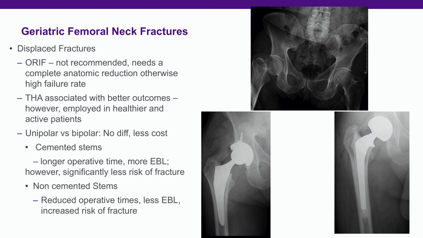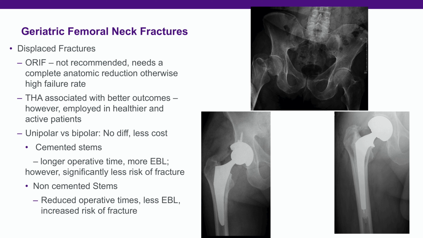For the purposes of the test, in discussing hemiarthroplasty, an uncemented hemiarthroplasty will never be the right answer, as the complication rates are significantly higher in both subsidence and also in terms of intra-op and postoperative fracture. Furthermore, while bipolar hemiarthroplasty is theoretically more stable, there are no differences in clinical studies, and bipolar is much more expensive.